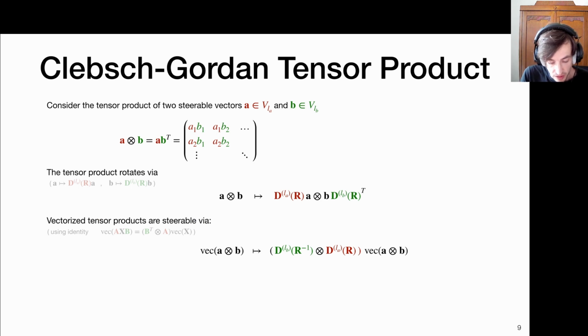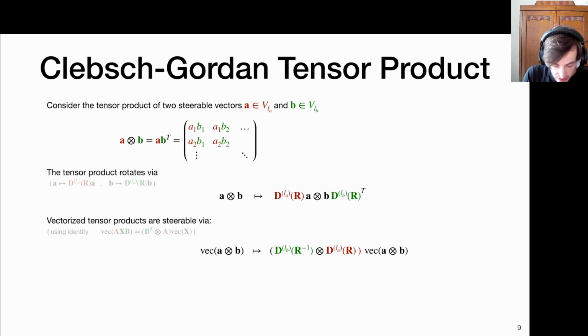It's a convenient property. If I vectorize the product of matrices, I could also write this as the vectorization of this matrix X multiplied with one big matrix, which is the Kronecker product between B transpose and A.